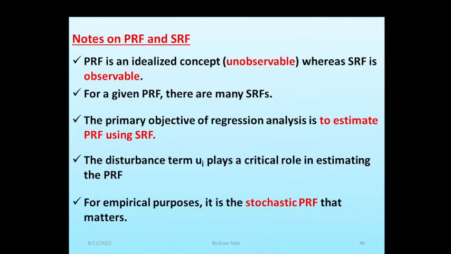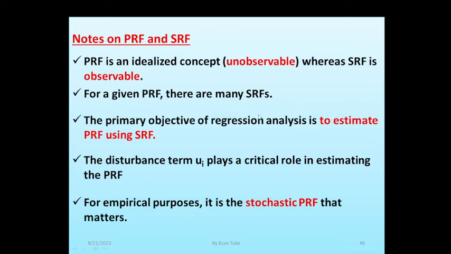Now, note that on the population regression function and the sample regression function, the PRF is a realized concept which is unobservable, whereas the sample regression function is observable. For a given population regression function, there are many sample regression functions.